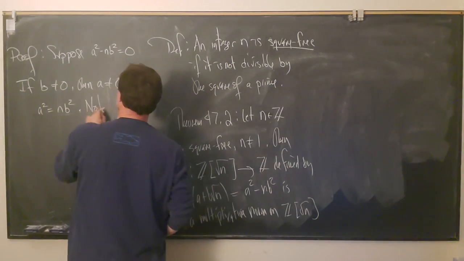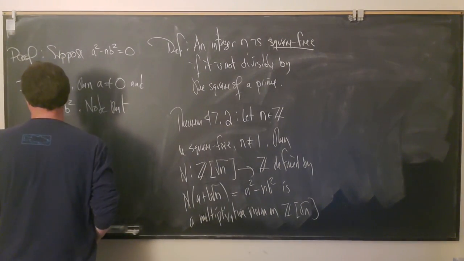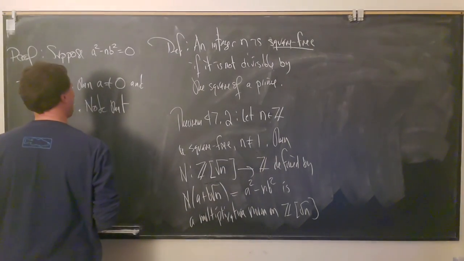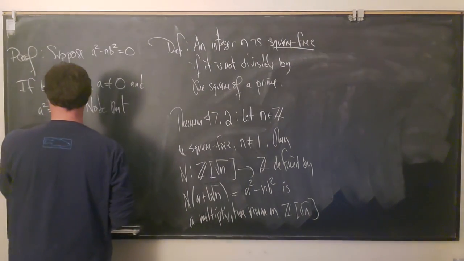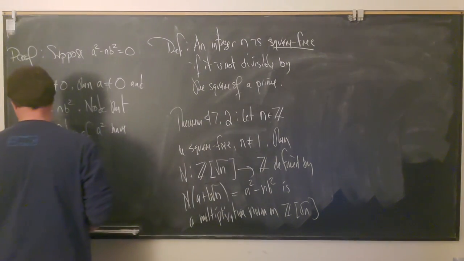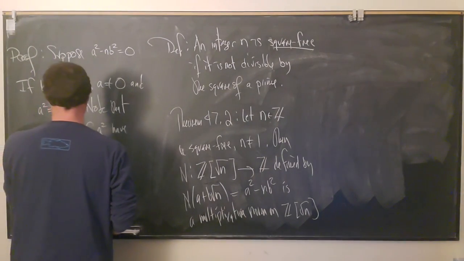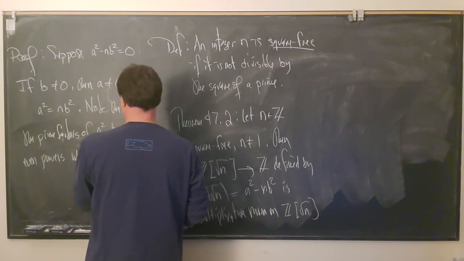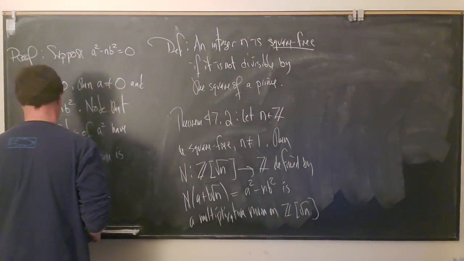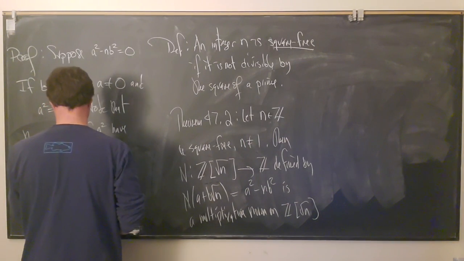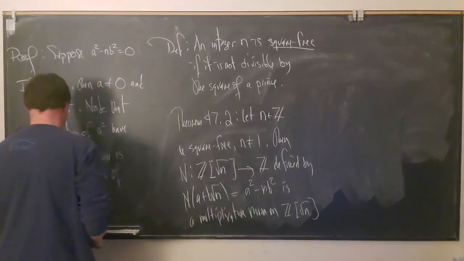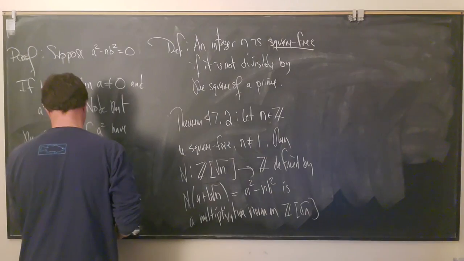So note that the prime factors of a squared have even powers, while there is at least one prime factor of n b squared with an odd power.